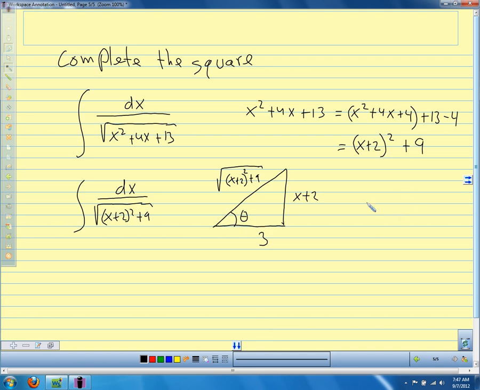And then I end up with x equals 3 tangent theta minus 2 is my substitution. And this turns out to be not a terrible integral. But at first glance, we wouldn't necessarily guess that this was a trig substitution integral. So completing the square is another place where you can apply trig substitution.